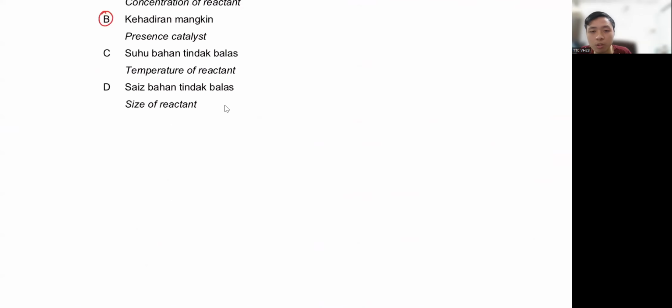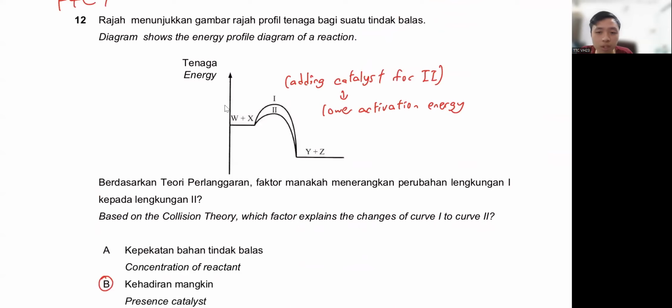Okay. Then I go back to this question. As I mentioned now, this one only for catalyst one. This one just want to show whether with catalyst or without catalyst, what is the factor. Now, how they disturb the lower activation energy so that it affect the rate of reaction. Now this graph mainly for catalyst one.